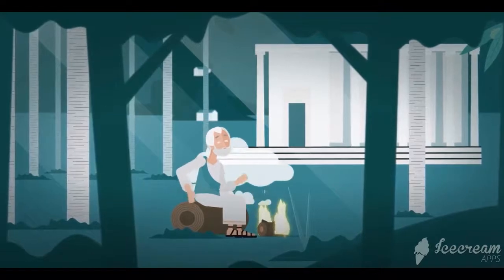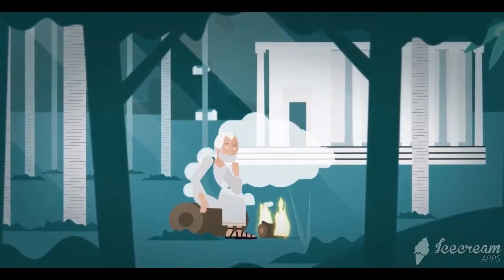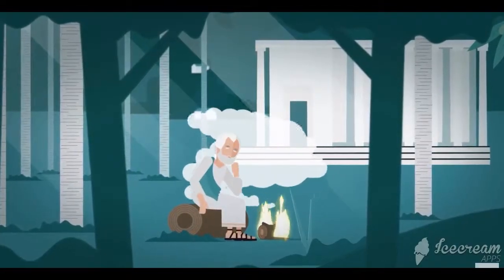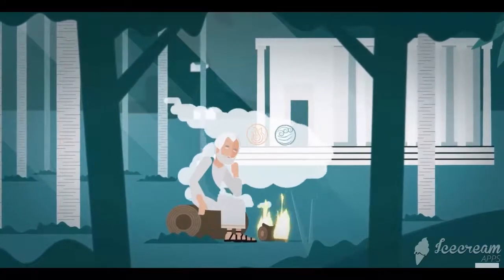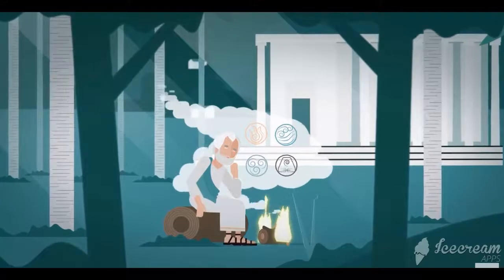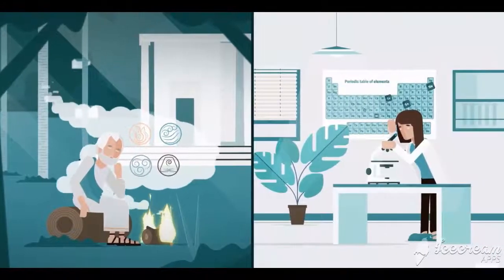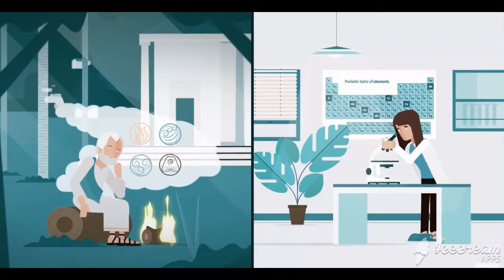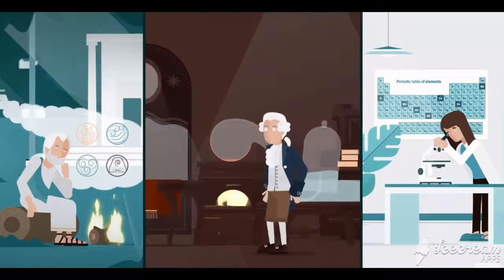Matter is a complicated matter. In ancient Greece, Aristotle stated it was made from fire, water, air, and earth. His theory was accepted for 2,000 years, but now we know it's made of more than 100 elements. So how did we change our way to see it?